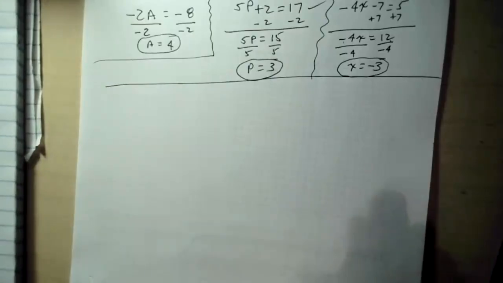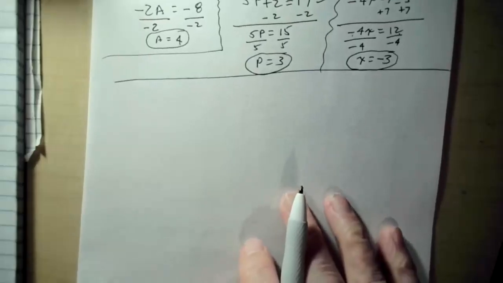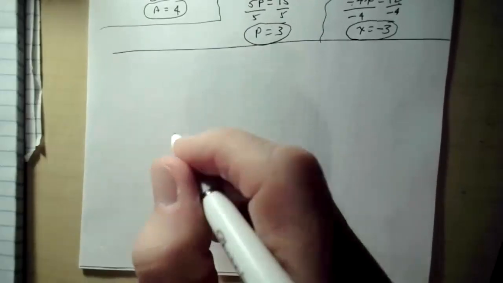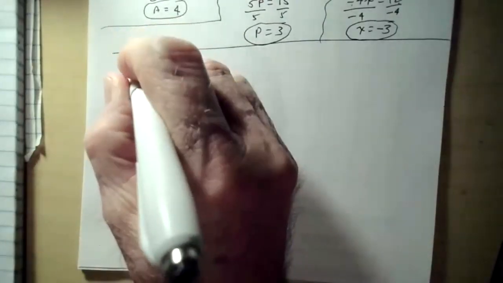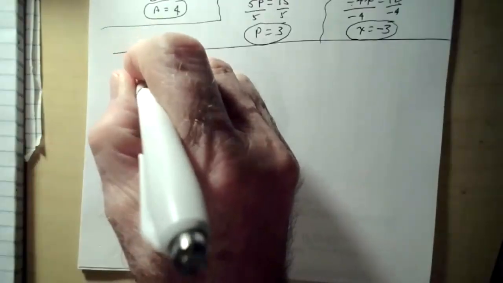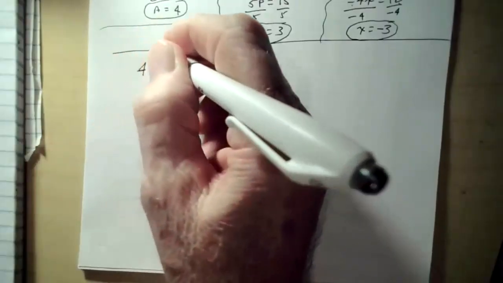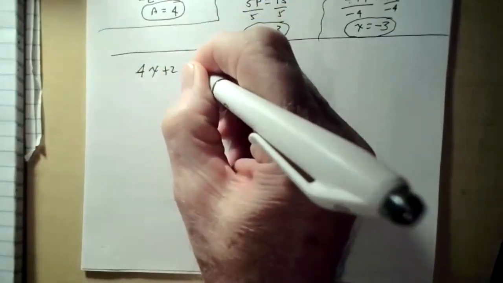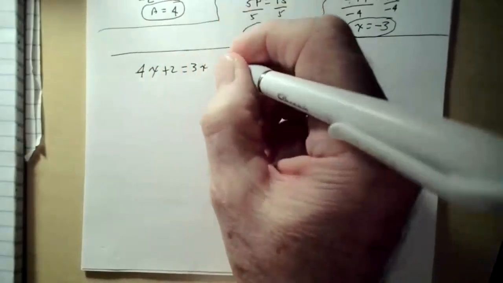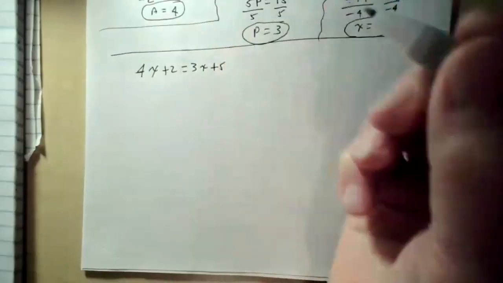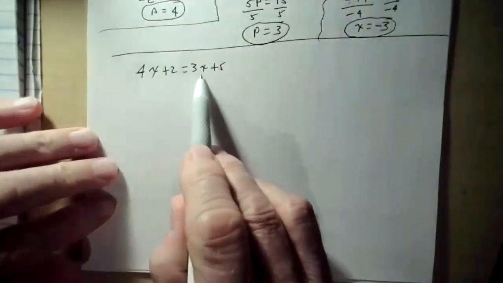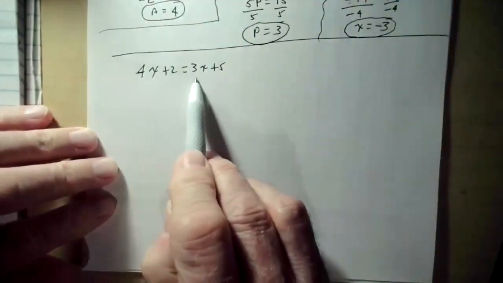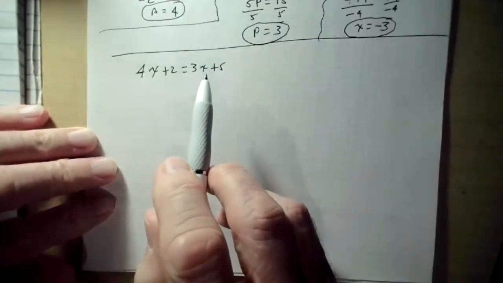Okay, now let's take it one step further. What if we have this? 4x plus 2 is equal to 3x plus 5. Now, when you have variables on both sides of the equation, move the variables first.